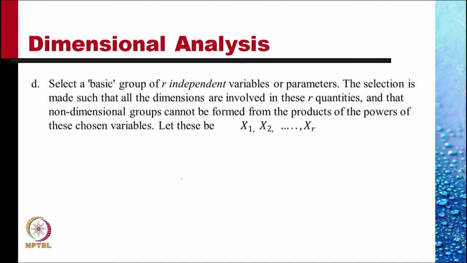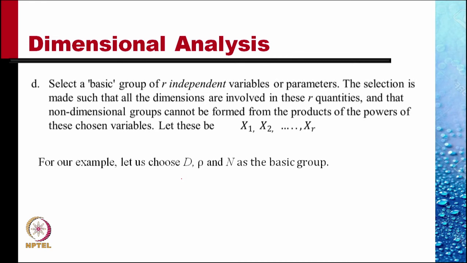Select a basic group of r independent variables or parameters. The selection is made such that all the dimensions are involved in these r quantities and that non-dimensional groups cannot be formed from the products of the powers of those chosen variables. Let these be x1, x2, xr. In our example, let us choose D, rho, and N as the basic group.